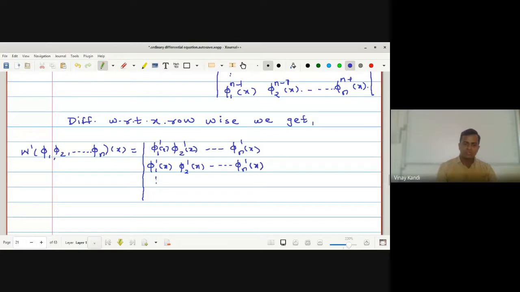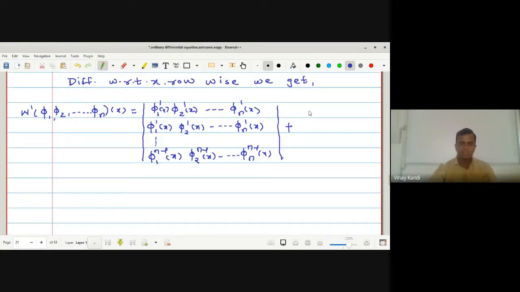At last we have phi 1 raised to n minus 1 of x, phi 2 raised to n minus 1 of x up to phi n raised to n minus 1 derivative of x. So this is the first determinant, plus now the second determinant.